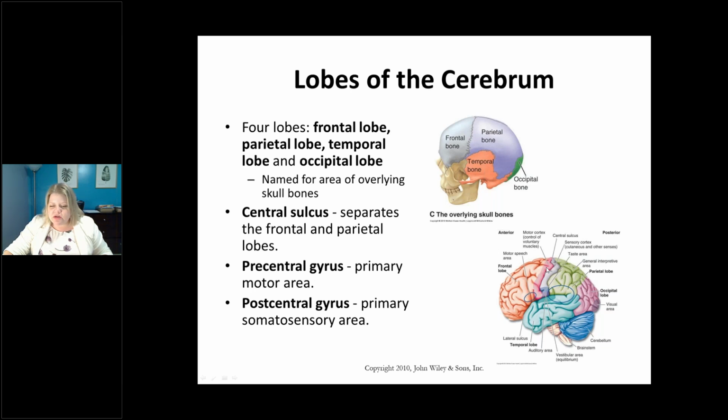The precentral gyrus, the fold that's more anterior to the central sulcus and within the frontal lobe, is your primary motor area. And this is where the brain, after interpreting that sensory information, will make a decision about the motor response.